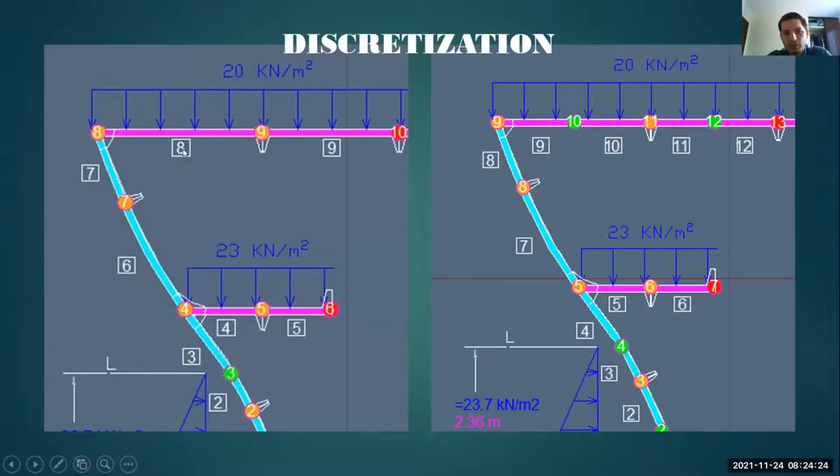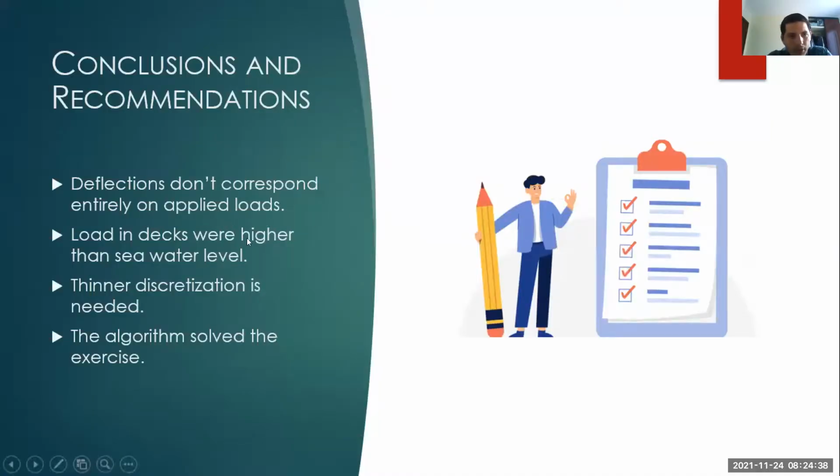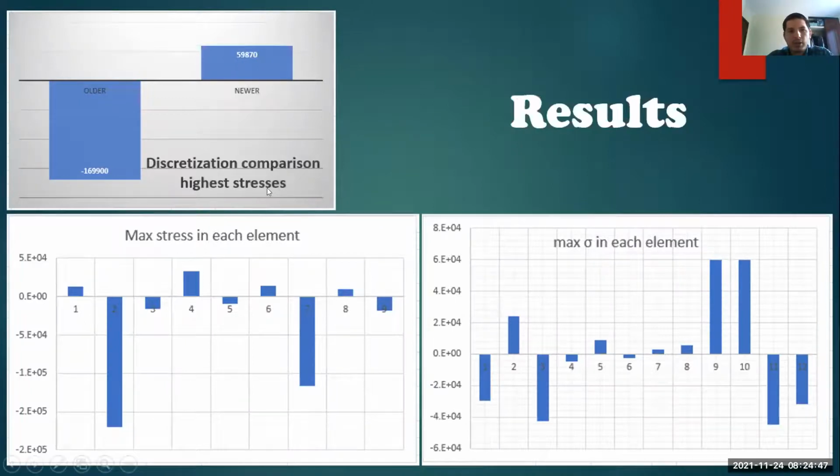So this one supported more load than the other, and therefore it created a slope, because there is no moment in the support, and the loads in the deck were higher than the respective pressure. It can be seen that we need a more precise discretization, because the results changed drastically.